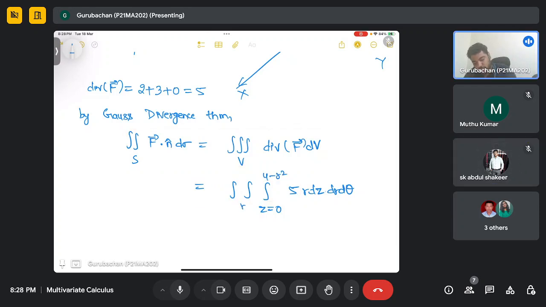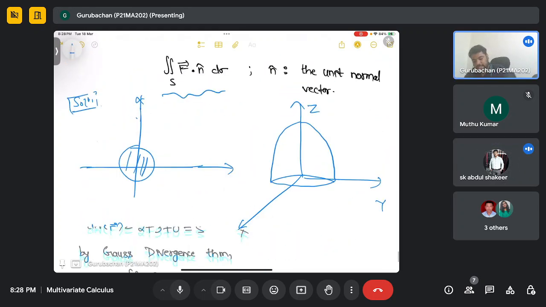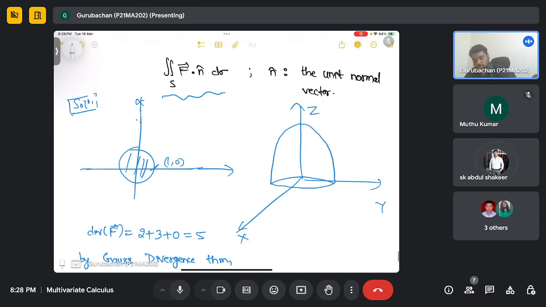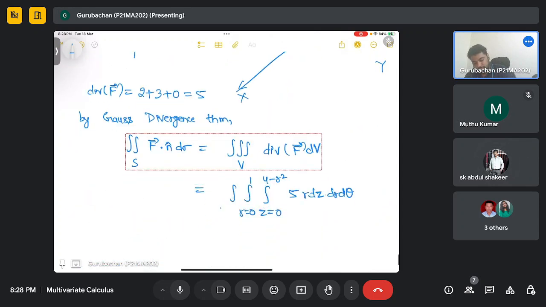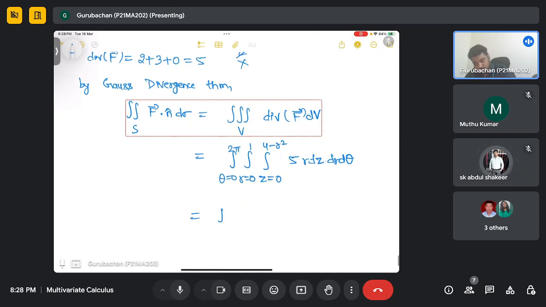Then r will move from 0 to 1, not 4, because we are taking inside this circle of radius 1, and theta will go from 0 to 2 pi. So this will give you the integral 0 to 2 pi, 0 to 1, with 5 outside, r, and z from 0 to 4 minus r square, dr d theta.